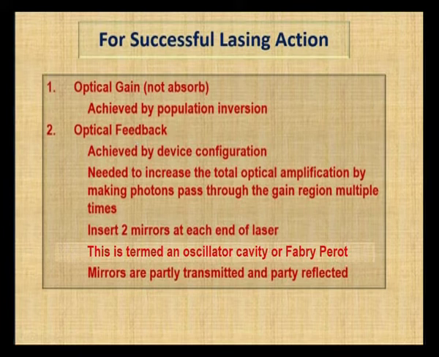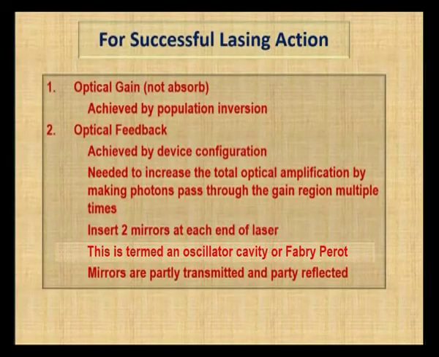Once we get enough photons due to the excitation of atoms from the higher level to the lower level, these photons are used again by a feedback. This is achieved by a device configuration that increases the total optical amplification by making photons pass through the gain region multiple times. As I said, the gain region is formed by the population inversion.